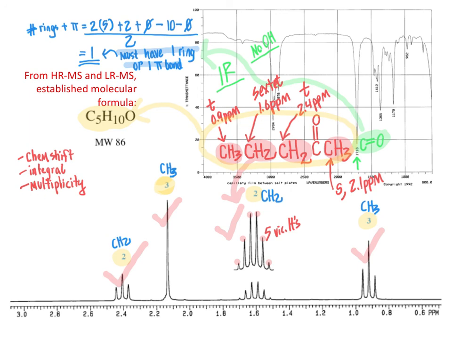We could additionally validate our information by comparing the chemical shifts that we see here to those present in the chart of expected chemical shift values from the handout for chapter 13, where we were looking at expected and predicted chemical shift values for different types of groups.